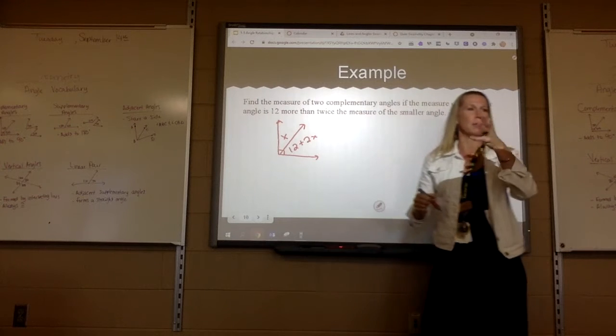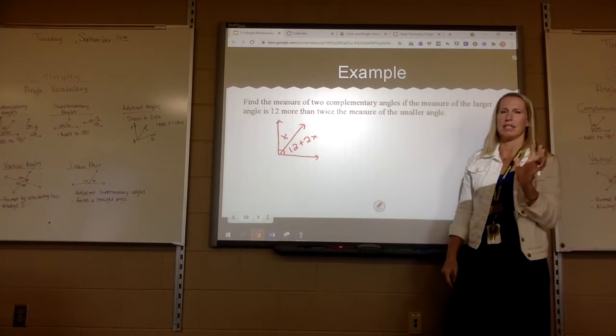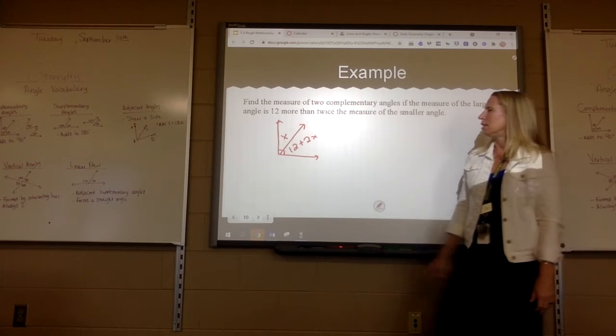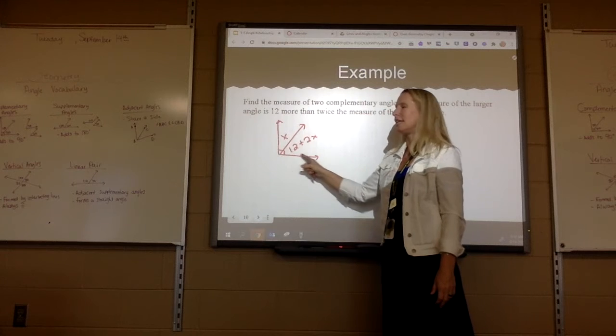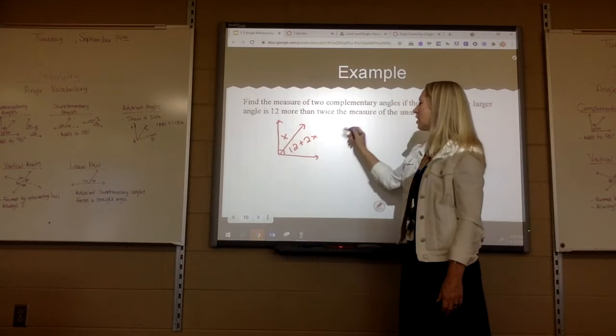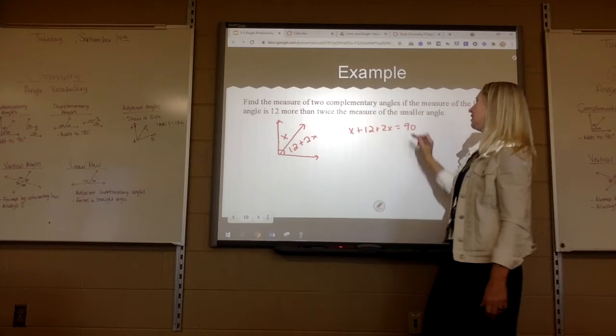You could do 2x plus 12 or 12 plus 2x, it doesn't matter when you're adding. Together, these angles will add to 90, so x plus 12 plus 2x equals 90.